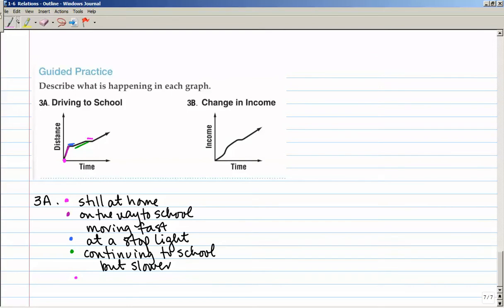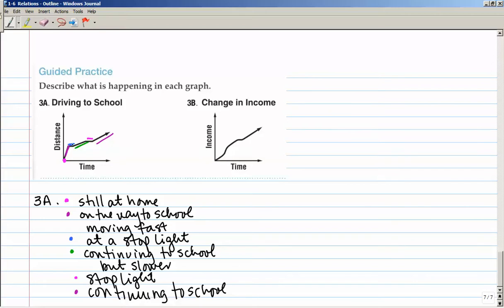So again, I'm at a stoplight because I'm not moving forward. My distance is not increasing, but my time is passing. And then this part here, I'm continuing on to school. So think about what's going on at each part of the graph, and you can go ahead and mark it in different colors or different regions.